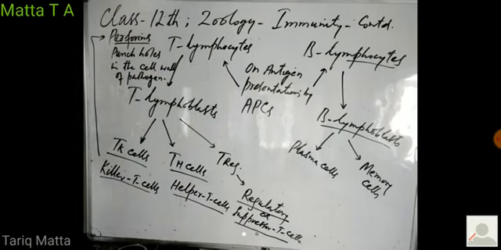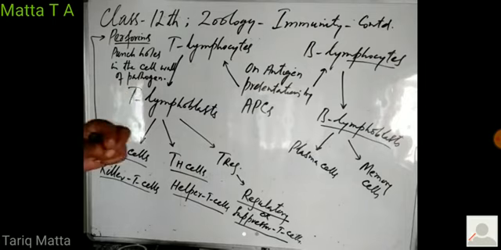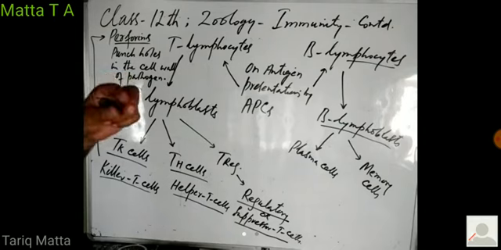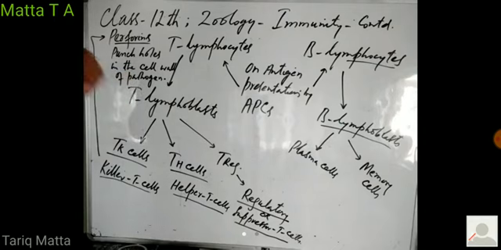So when killer T cells release perforins, they punch holes in the cell wall of the pathogen and destroy it.